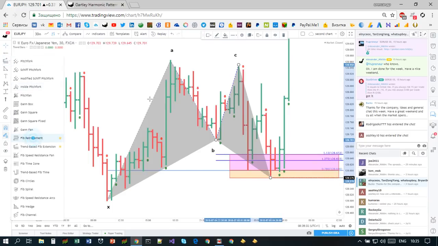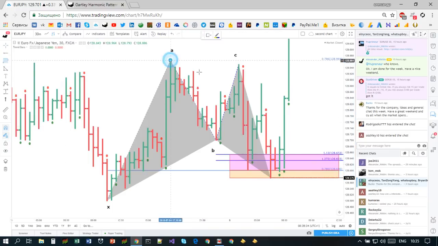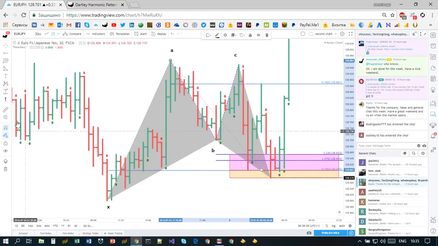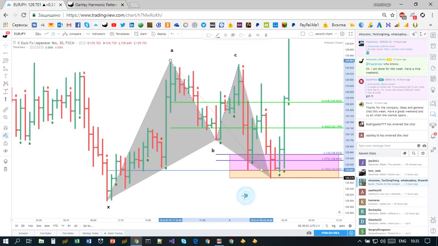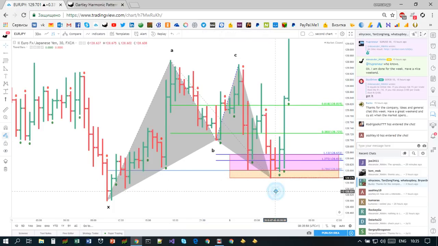And that's why when you calculate your targets, initially you place it here on your D point, because you didn't have the price action yet. You place it on your completion point of the pattern, yes, and you enable the 382 and 618. But when you have real terminal price bar installed, of course you should adjust your targets here.